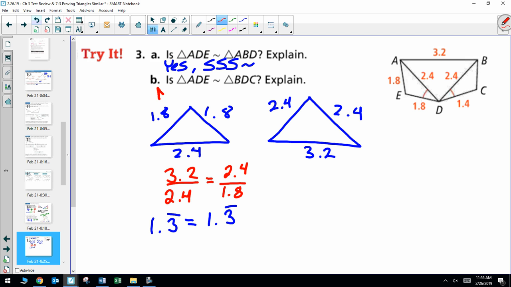So for number 2, I would say no. It's because it doesn't have the same scale factor between all 3 sides. Or you could say 1.8 does not equal 1.4.